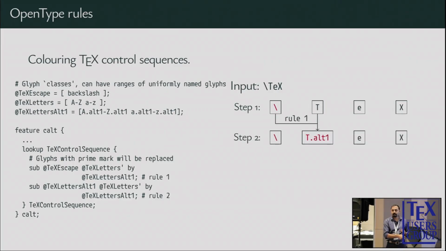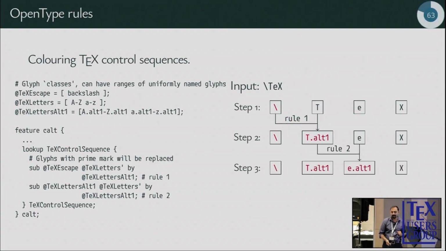That's rule number 1. All right. And then the next letter is E. So it's going to run through the same rules again. Is E preceded by an escape? No. So rule 1 won't be applied. But is E preceded by an alt letter 1? Yes. So rule 2 is going to apply, and it's going to replace E with E.alt1. That's rule 2. Similarly, the next letter.